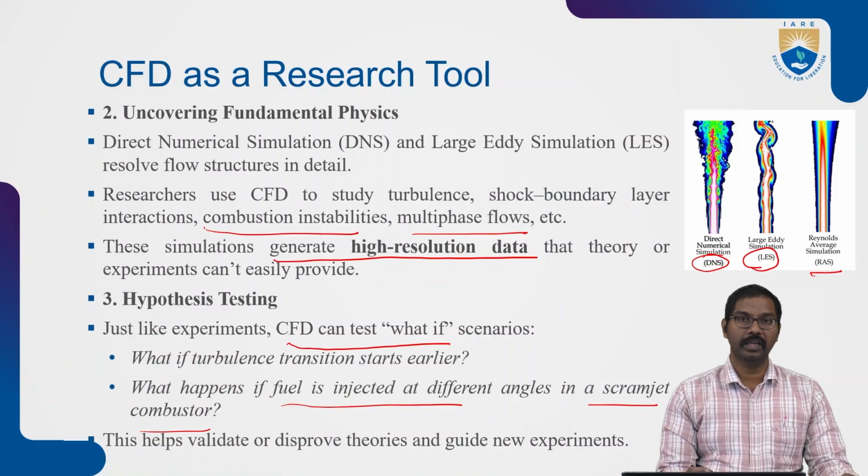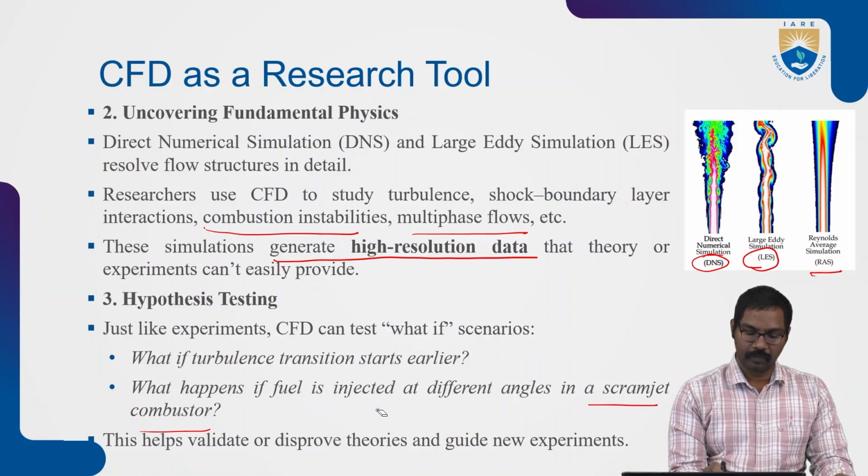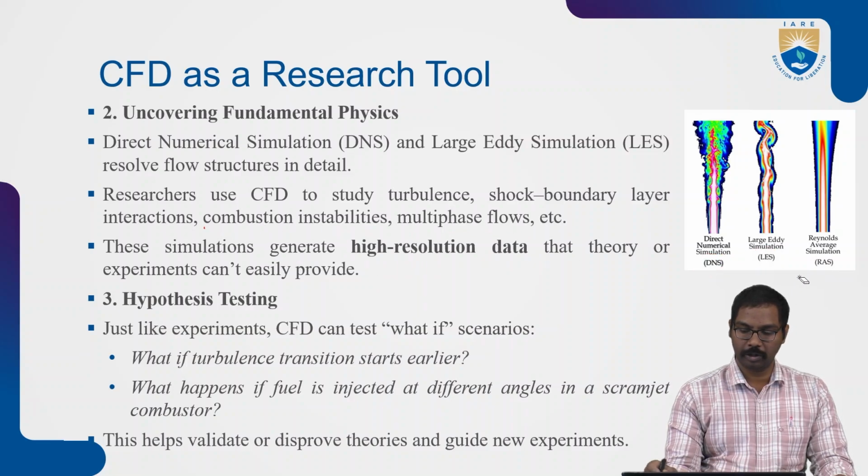CFD can do the parametric analysis easily, where we can obtain the solutions in less time or with less cost. That is the advantage of CFD as a research tool in hypothesis testing. These are some of the points where we consider CFD as a research tool.